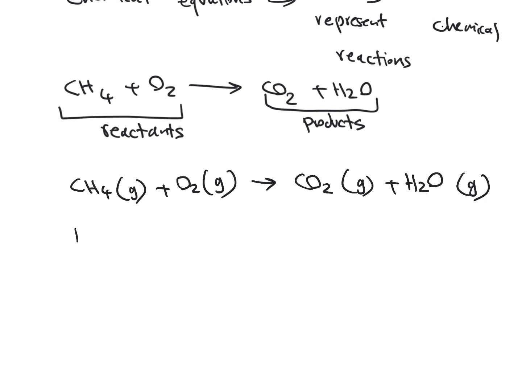And then your table 7.1 gives the abbreviation of the states of the reactants and products in chemical reactions. So you can have gas, liquid, solid, or aqueous.